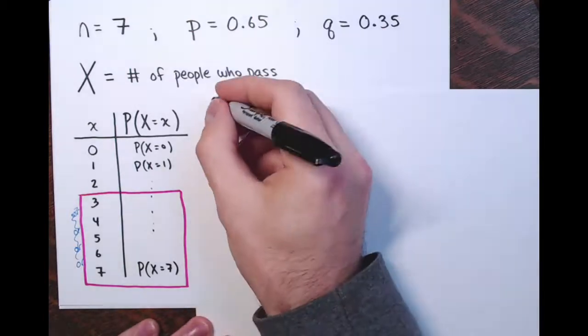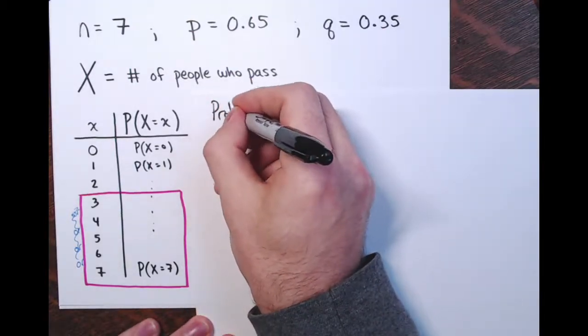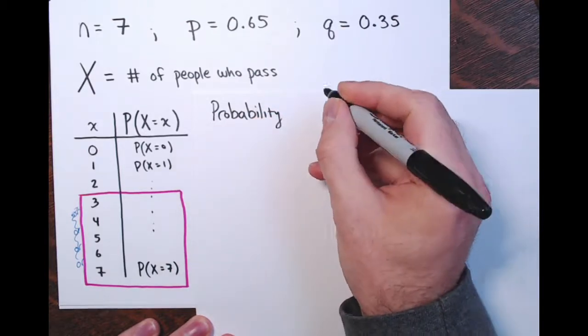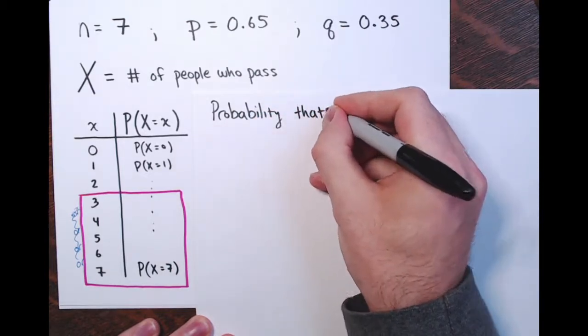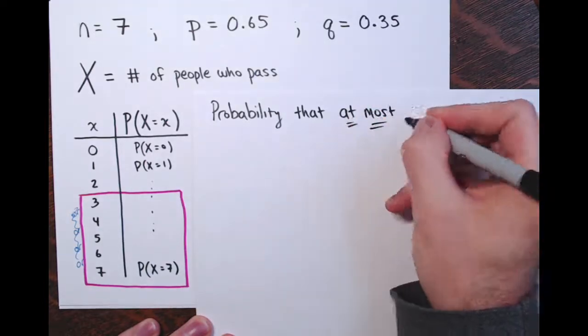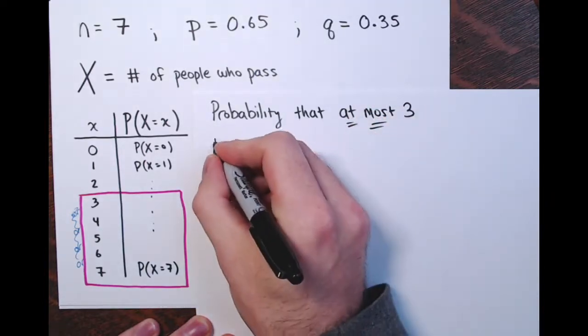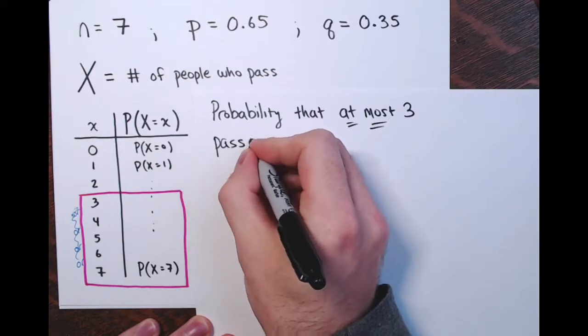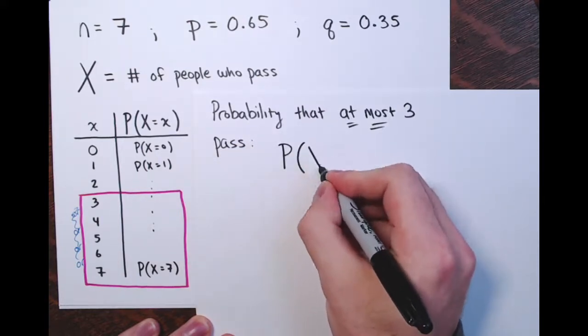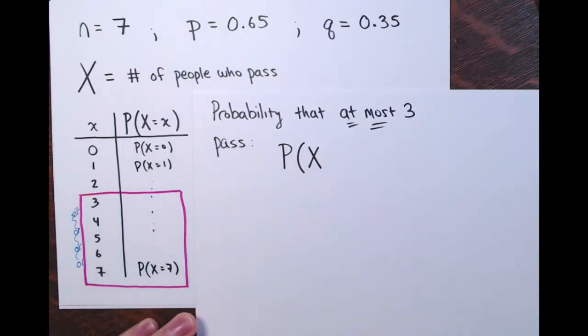Now we're asked though for the probability that at most, should have capitalized that, at most 3 people pass. So that would be the probability that, capital X here. Now, at most 3 means 3 or less.